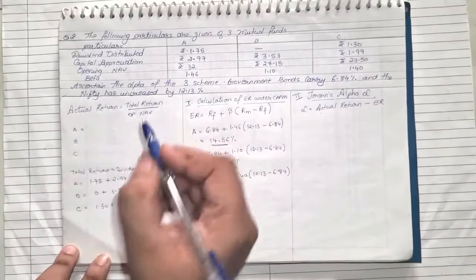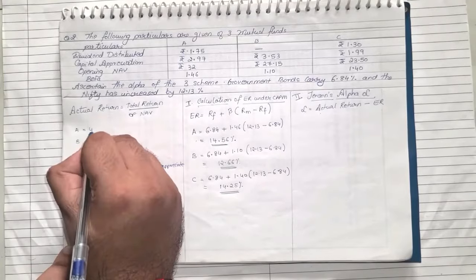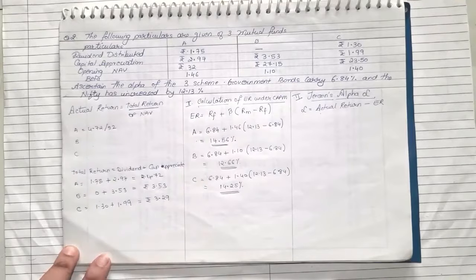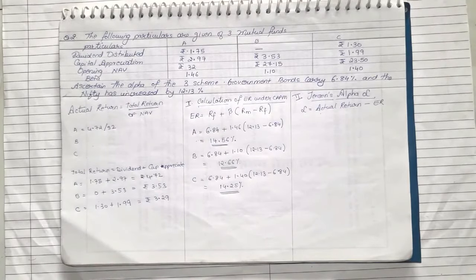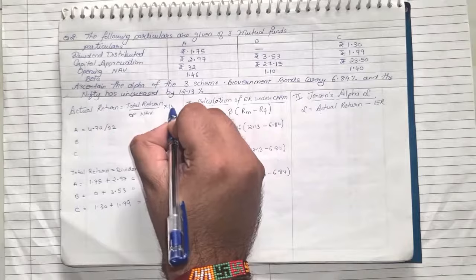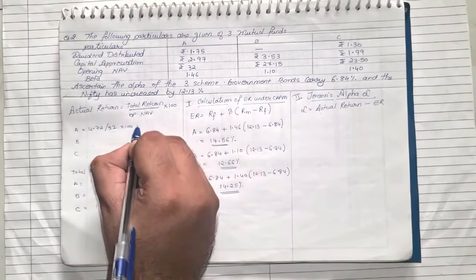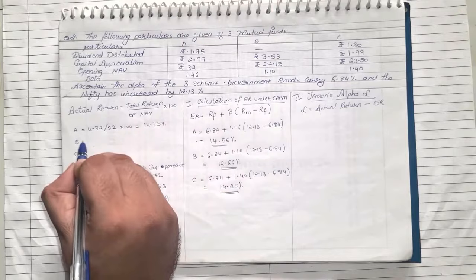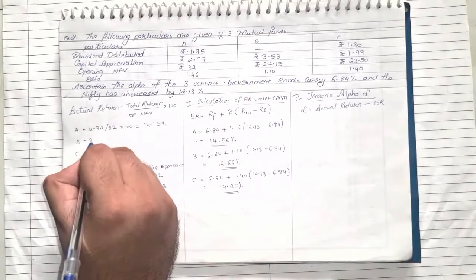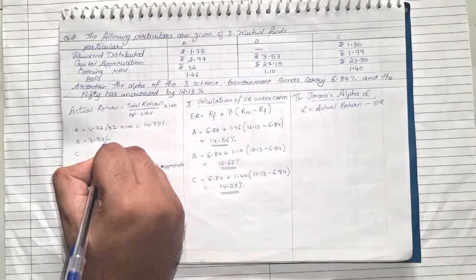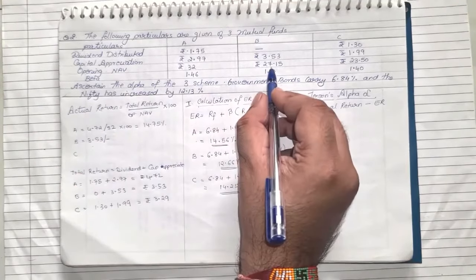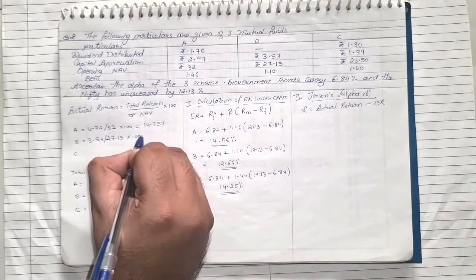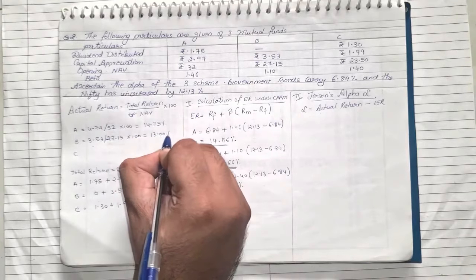So for A, now let us see the actual return. So total return, that is 4.72 divided by opening NAV, that was 32, into 100. Okay, so the value will come to 14.75%. Same way for B, it will be 3.53 divided by the opening NAV 27.15, into 100, return will come to around 13%.